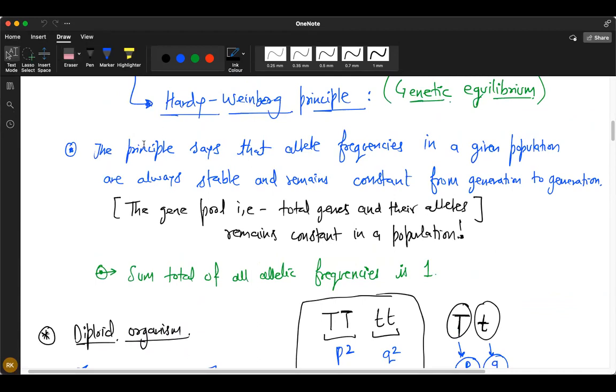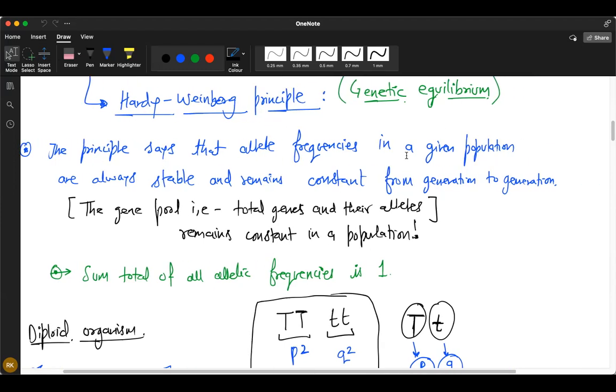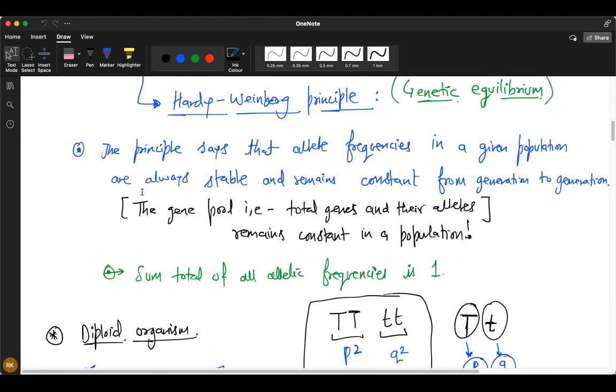It says that the allele frequencies in a given population are stable and remain constant from one generation to another. Whatever is the frequency of that allele, capital T or small t, it remains constant in that population. In other words, the gene pool, the total genes along with their alleles, is constant in a population. Simply put, the sum total of all allelic frequencies is 1.